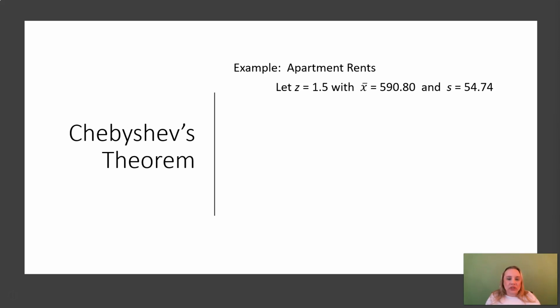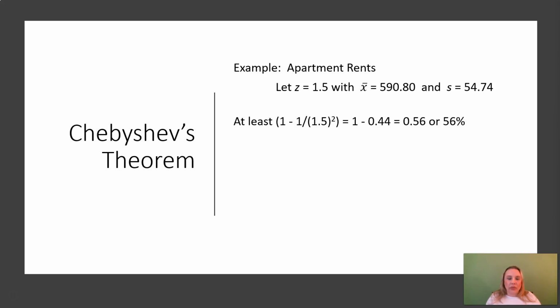So if we wanted to use Chebyshev's theorem with our apartment rent, remember that we have a z value of 1.5 for that lowest value. We have a mean value for my apartment rents of 590.80 and a sample standard deviation of 5.74.